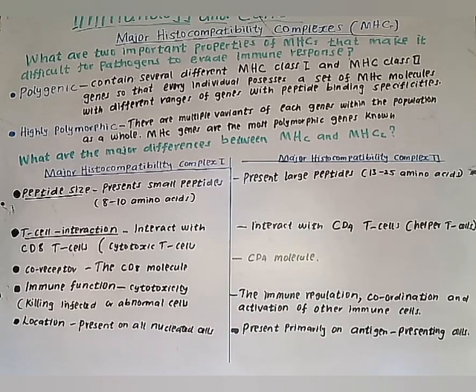The co-receptor is the CD8 molecule under MHC1. Then the co-receptor is the CD4 molecule under MHC2. The immune function is cytotoxicity under MHC1, while under MHC2 the immune function is coordination and activation of other immune cells.